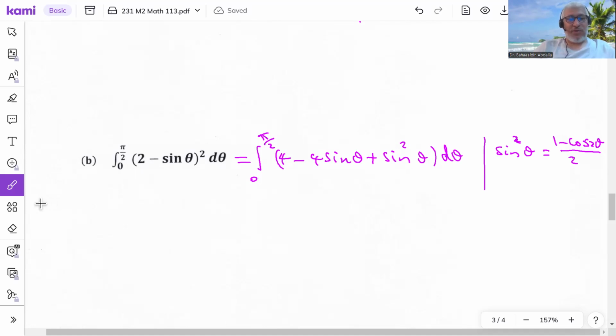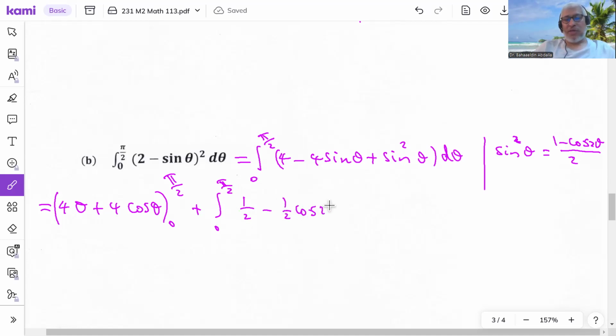So this integral would be, the integral of 4 is 4 theta, and the integral of sine is cosine, or actually negative cosine, and sine square, so this from 0 to pi over 2, and the last integral I will write it as 1 over 2 minus half cosine 2 theta d theta.